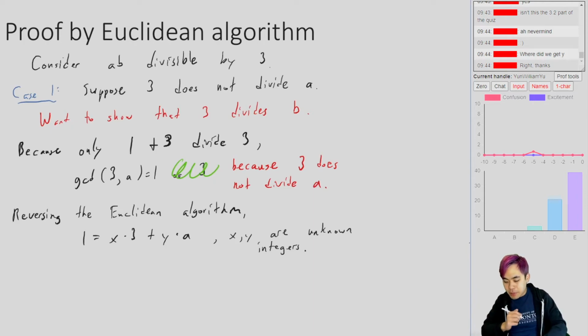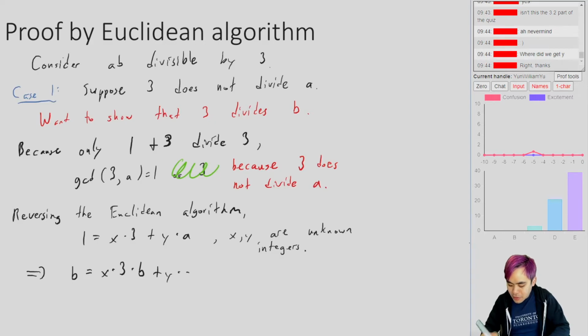Okay, so let's keep on going. Now we have this equation. Let's multiply the entire equation by b. We can, of course, multiply both sides by b. So you end up getting b is equal to x times 3 times b plus y times a times b. But now notice, once you've done this, that's a multiple of 3.